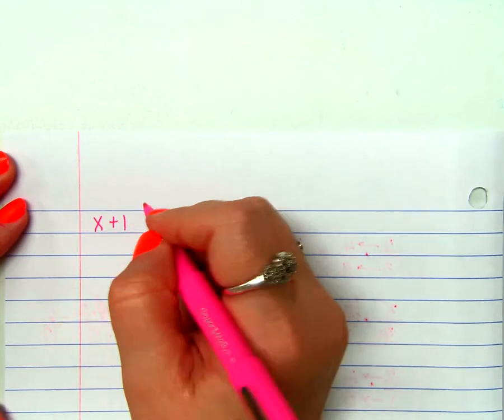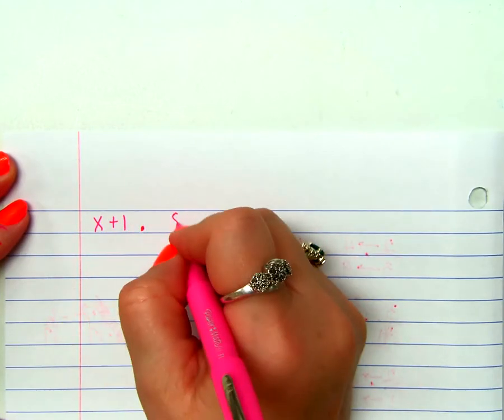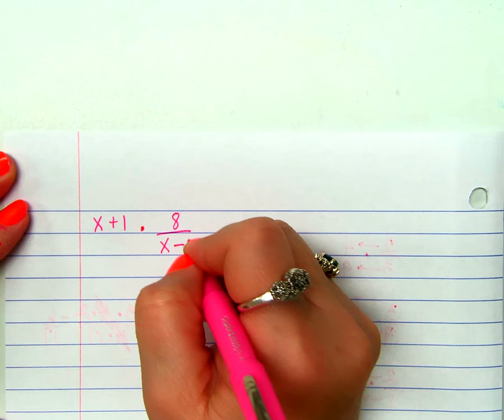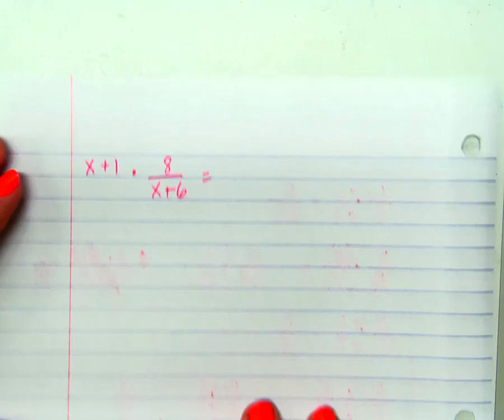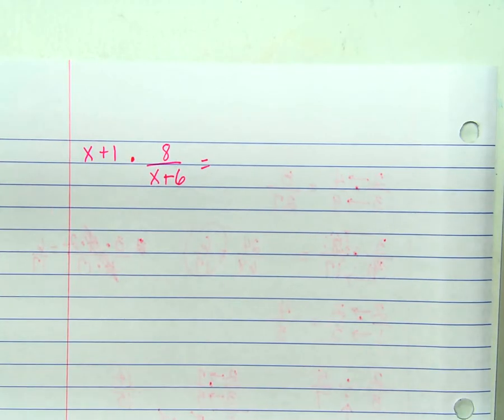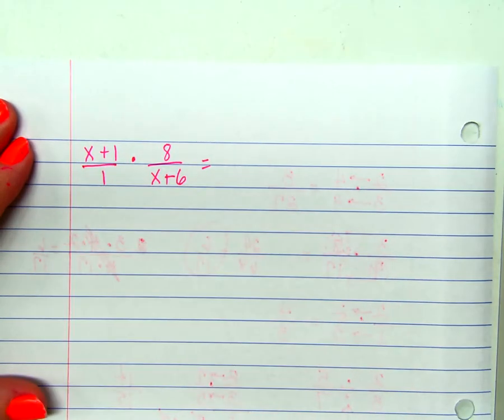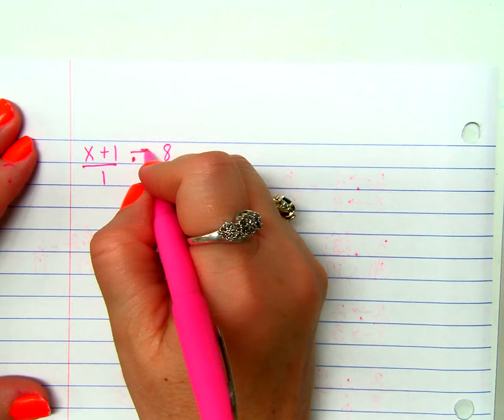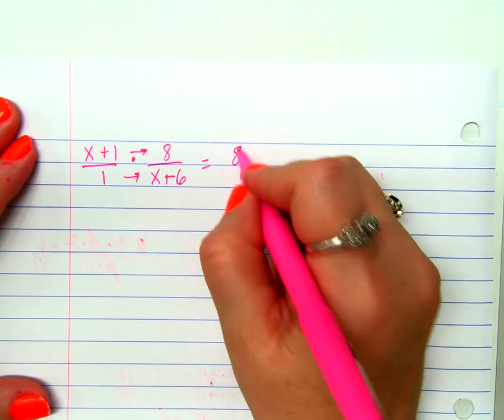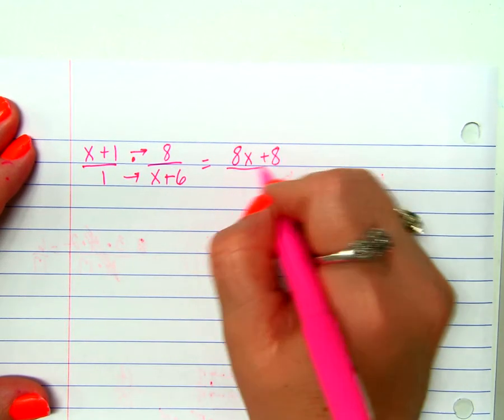All right, what about this one? What about this one? So it's the same as x plus 1 over 1. And then what do? Cross multiply? All right, so let me ask you about this then.